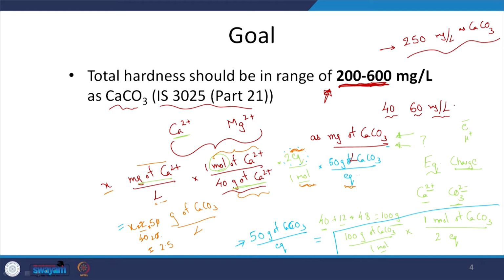So, for x grams of Ca2 plus per liter, I need to add 2.5 times x grams of CaCO3; or when I add 2.5 x grams of CaCO3 per liter, I will end up getting x grams of Ca2 plus per liter. So, in essence, I am expressing the units of Ca2 plus and how much CaCO3 equivalent it is going to be. That is the relevant aspect.